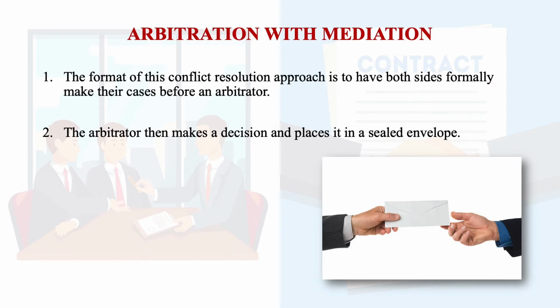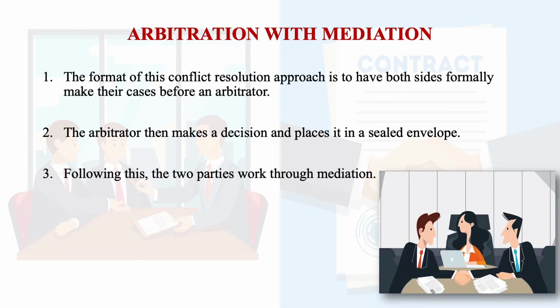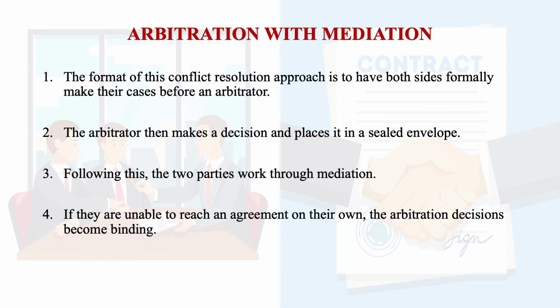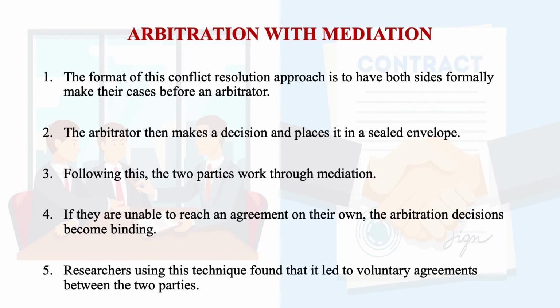The arbitrator then makes a decision and places it in a sealed envelope. Following this, the two parties work through mediation. If they are unable to reach an agreement on their own, the arbitration decision becomes binding. Researchers using this technique found that it led to voluntary agreements between the two parties.